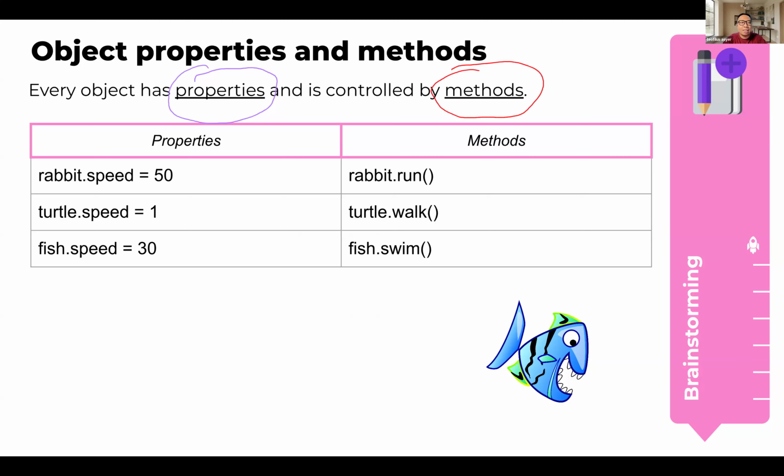Do you have any guess before I explain what properties and methods are? Okay, it's all right. So let's talk about properties first. Properties are something like features. So what are features? Do you ever play Minecraft?